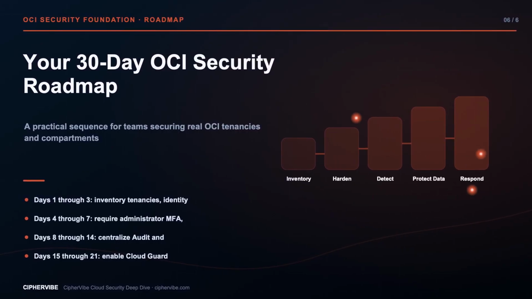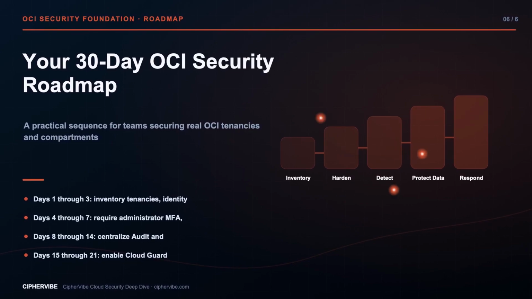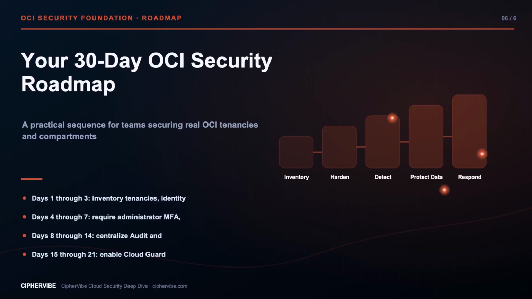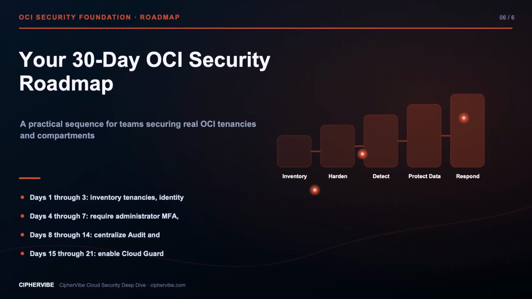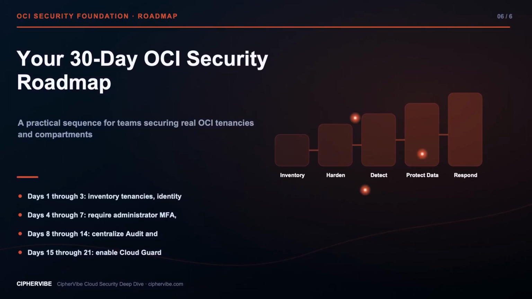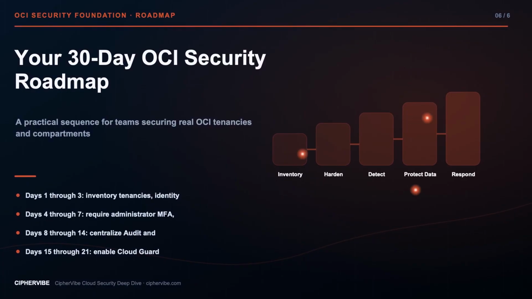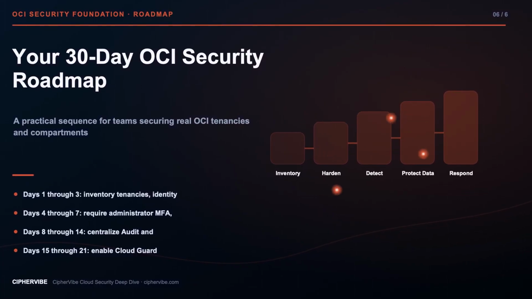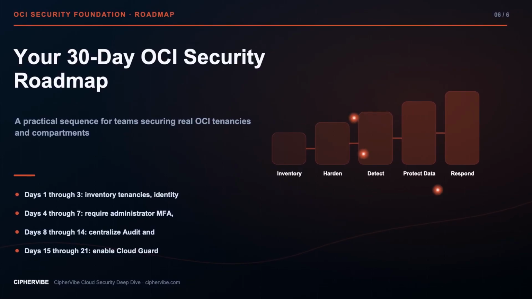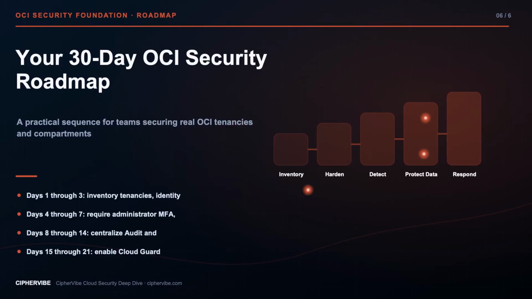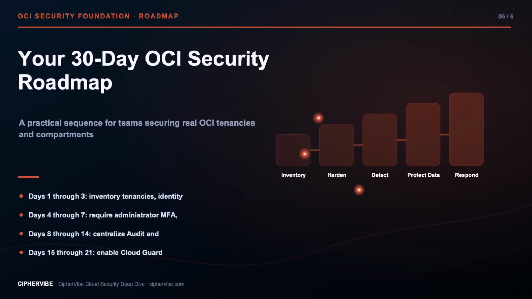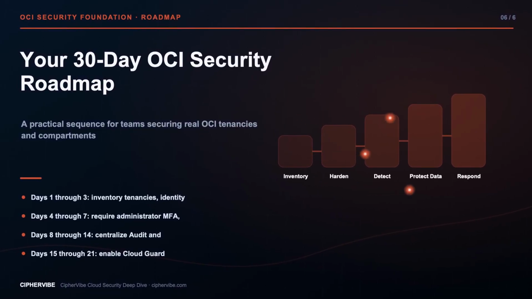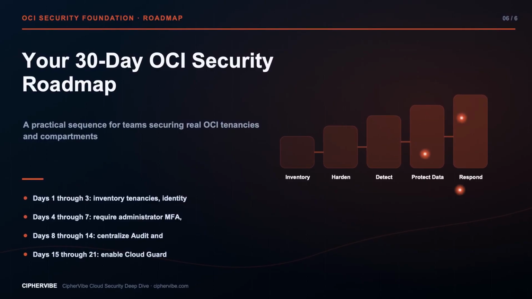After the evidence layer works, enable Cloud Guard targets and recipes, triage high-risk problems, create security zones for sensitive compartments, and close public exposure in buckets, load balancers, databases, security lists, network security groups, and public IPs. Finally, protect secrets and data with vault, encryption decisions, key rotation, object storage controls, vulnerability scanning, backup restore tests, workload patching, and private access patterns.